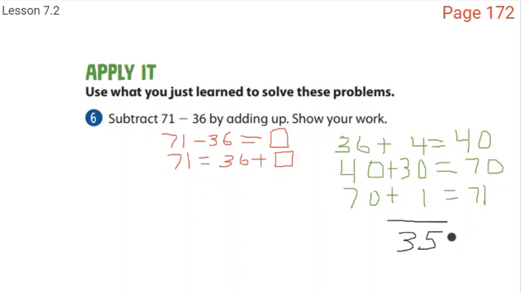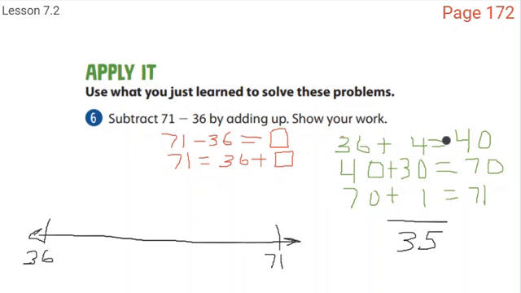Let's verify. Okay? Draw a number line. I'm going to start at 36. Okay? So boom, 36. I'm going to end at 71. Let's take a look at this. So we're going to add 4, and that's going to make 40.